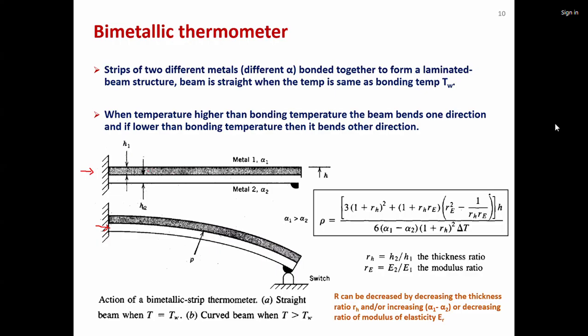Typically, it will always bend to the side that has the lower thermal expansion coefficient. For example, here, metal 1 has a higher expansion coefficient than metal 2, so it bends toward metal 2. So here you see that alpha 1 is greater than alpha 2.